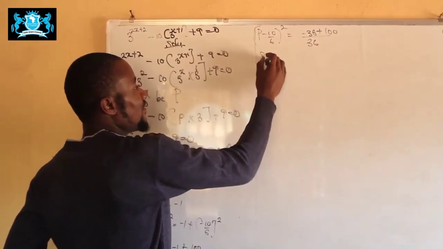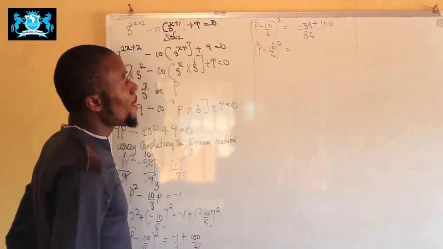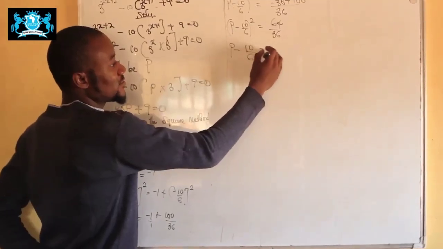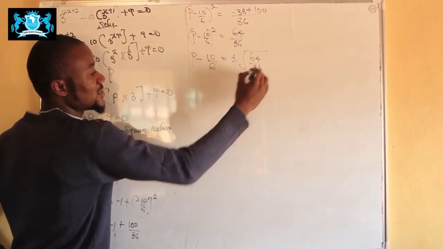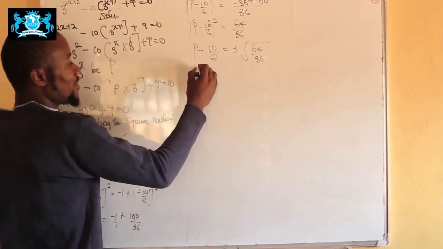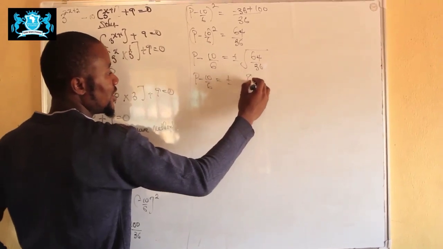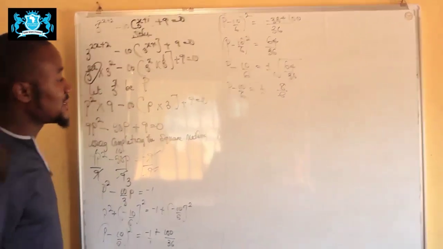So you have p minus 10 over 6 all raised to the power 2 is equal to 100 minus 36, which gives you 64 over 36. So you have p minus 10 over 6 is equal to plus or minus 8 over 6, since the square root of 64 is 8 and the square root of 36 is 6.